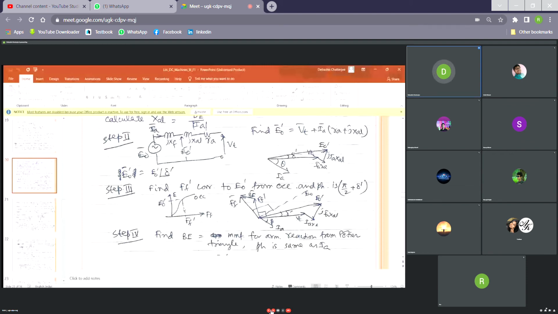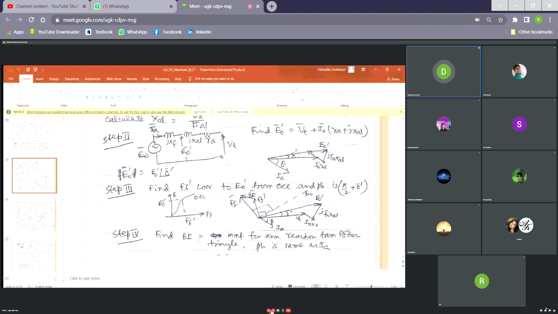So then you have, in the next page, say FF plus BE equal to FF dash, and in step 5 you get that FF equals FF dash minus BE. So now here you get the phasor of BE, same direction as current, that is minus theta. So you can just calculate your FF, that is the final or rather no load MMF.